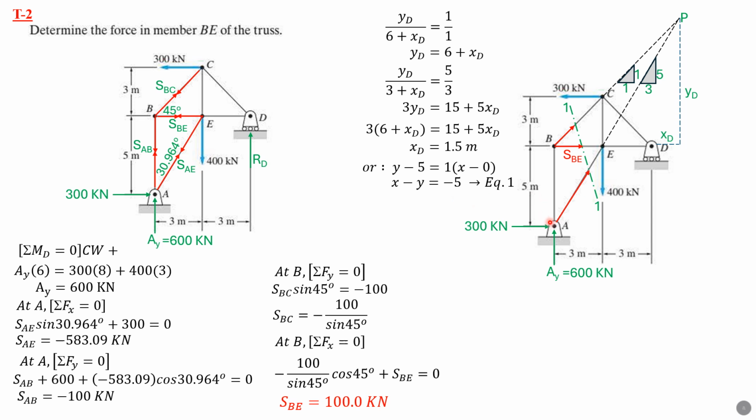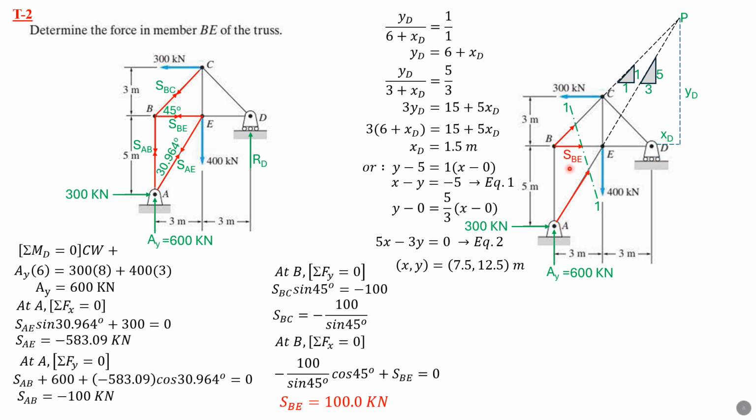Then the equation of this line AP is y minus 0 equals slope 5/3 times quantity x minus 0, because this is the origin. Simplifying, that's 5x minus 3y equals 0. Equation 2. Solving equations 1 and 2 simultaneously, we get x, y equals 7.5, 12.5. So the coordinates of P would be 7.5 comma 12.5.